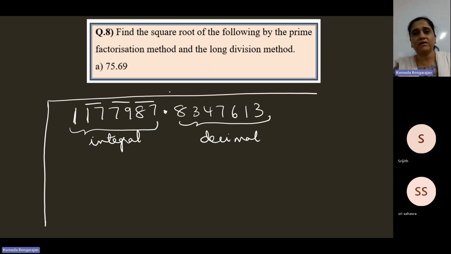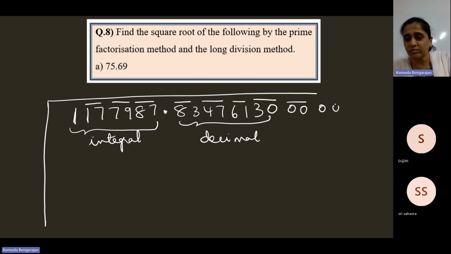Now in the decimal part, how do you pair? 8, 3, 4, 7, 6, 1, 3 alone. You can add a 0 and make a pair, 3, 0. There will be situations where we'll add 2 zeros and make a pair. We'll encounter these situations with a different type of question later.